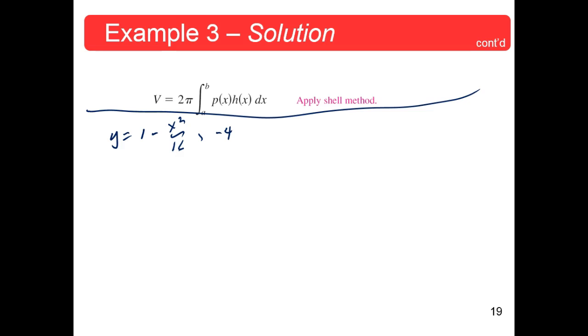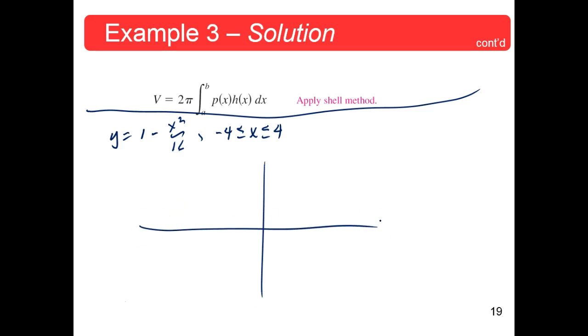Okay, so here is your situation. -4 less than or equal to x less than or equal to +4. Now, not everybody has books, right? So let me go on and draw this one.